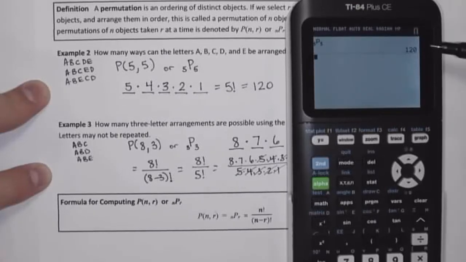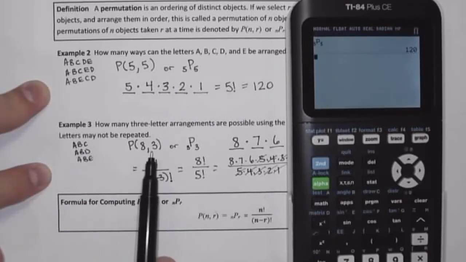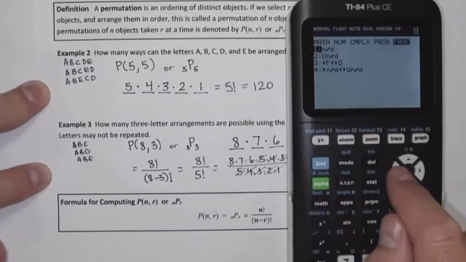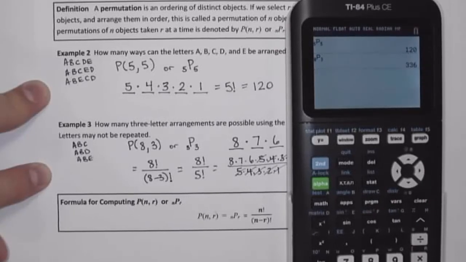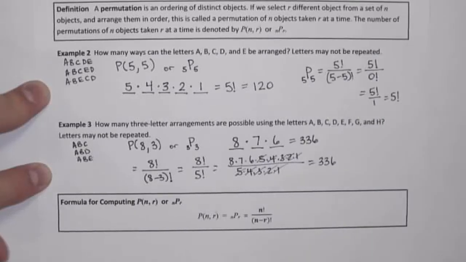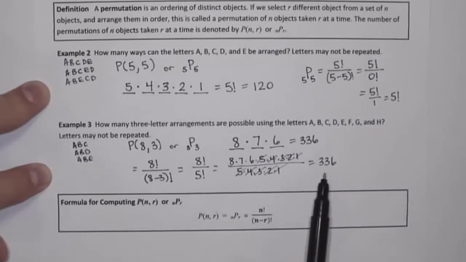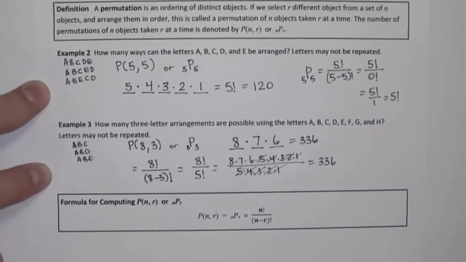If you don't have a permutation option on your calculator, then you'll have to multiply it out. Likewise, example 3, we have the permutation of 8 choose 3. So I'm going to type in 8, Math, Probability, number 2, and then type in the 3. And that is 336, which is the result we obtained when we did it by hand.